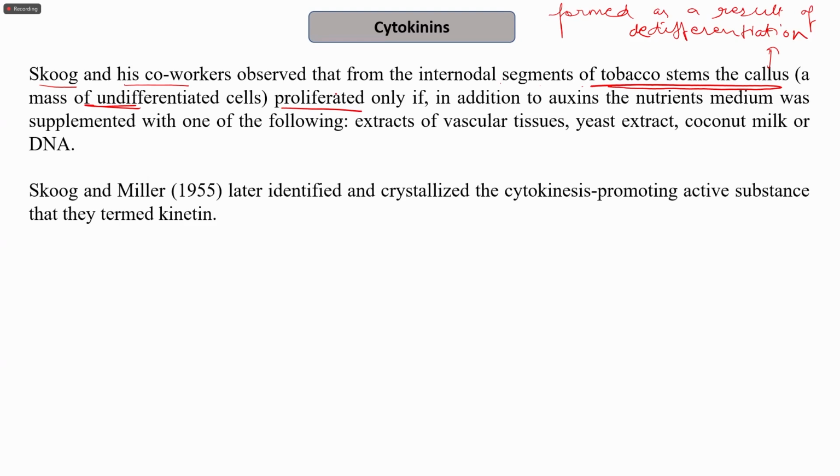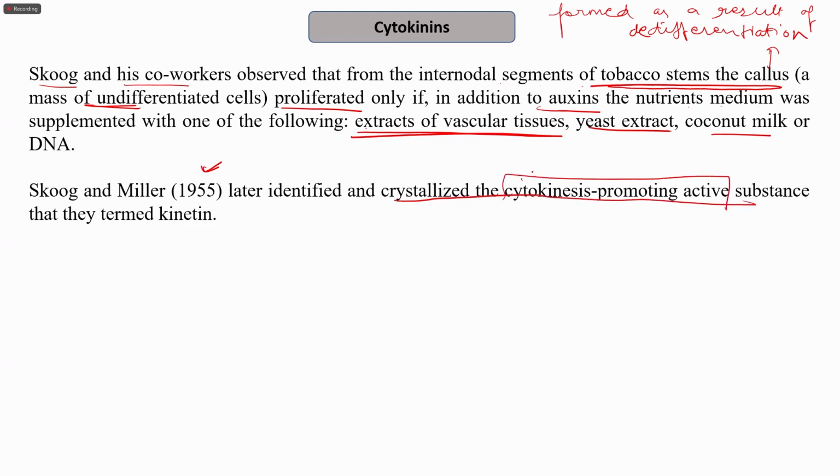These cells proliferate only if, in addition to auxins, the nutrient medium was supplemented with one of the following extracts: vascular tissue extract, yeast extract, coconut milk, or DNA. Skoog and Miller in 1955 later identified and crystallized the cytokinesis-promoting active substance.